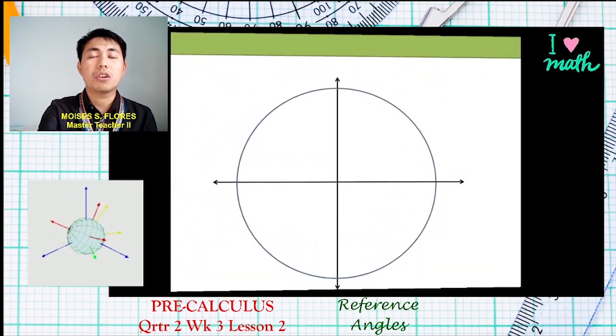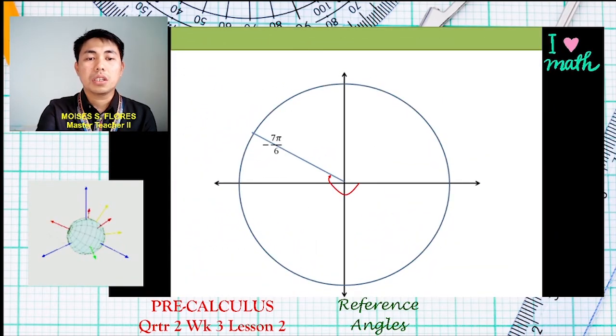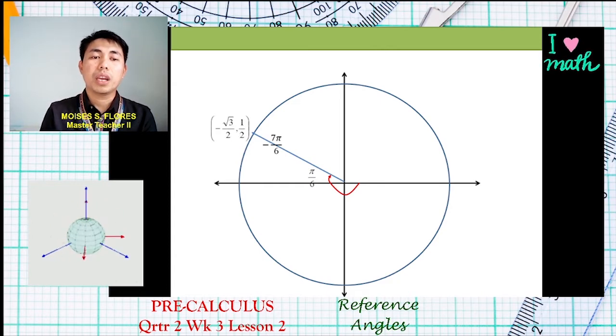Let's take a look at the sketch of the angle. It's clockwise because it's negative 7 pi over 6, and its reference angle is pi over 6. Recall our coordinates: negative square root of 3 over 2 and 1/2.